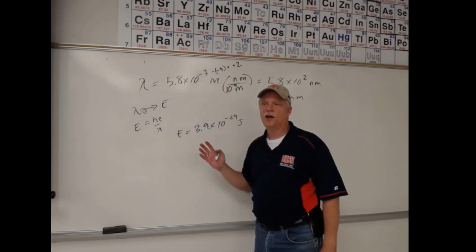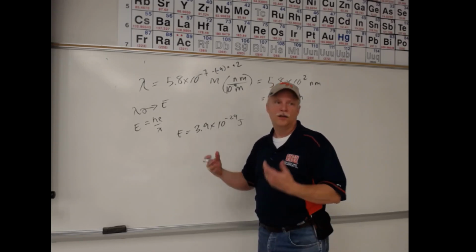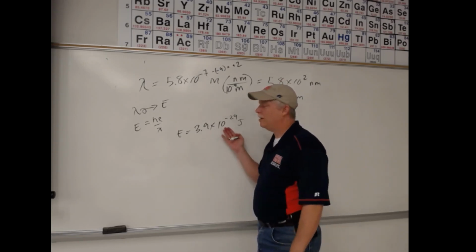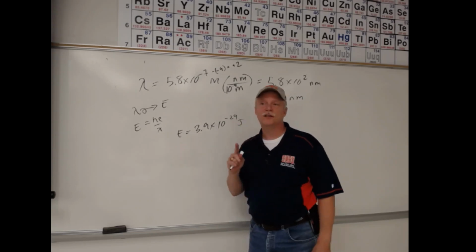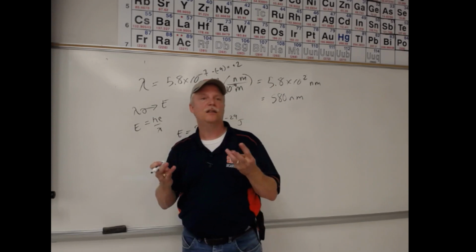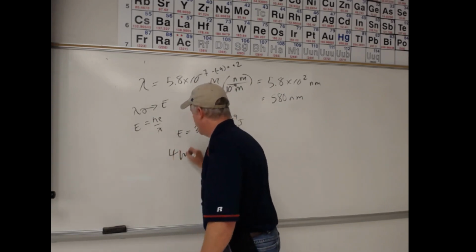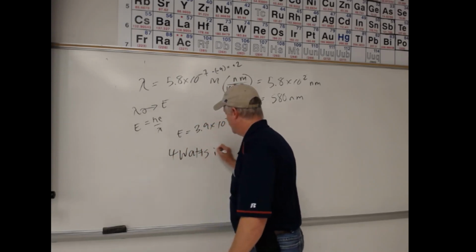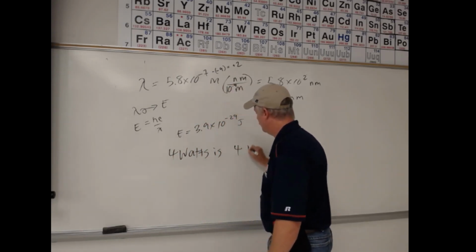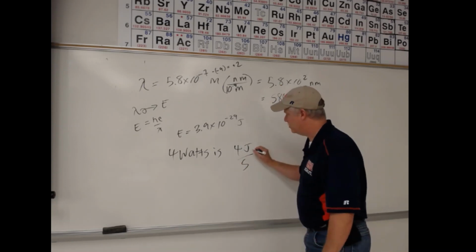Think about a mole of those photons. You're going to have 10 to the 23rd of those. So this is how many joules one photon is, and this light is giving off how many watts in light? 4 watts. So 4 watts is 4 joules per second. And this is joules of light.